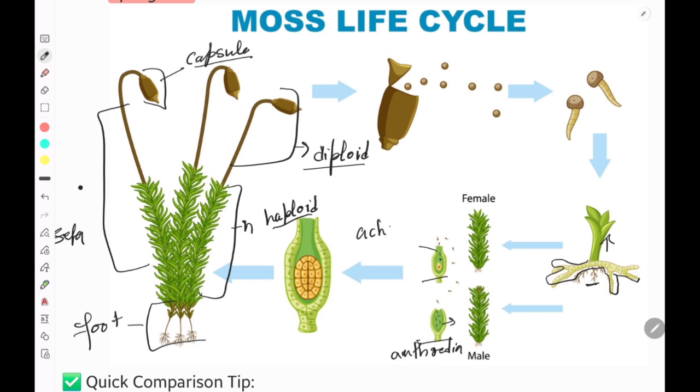This is archegonia. These are antherozoids. After fertilization, this is the embryo, which further divides to produce spores. This converts into this, and after dehiscence, these spores again germinate.